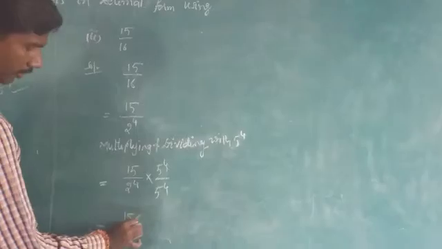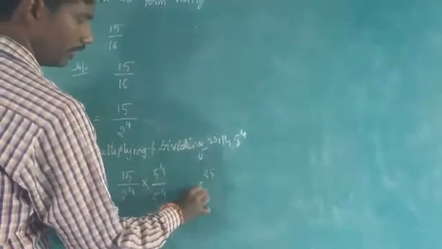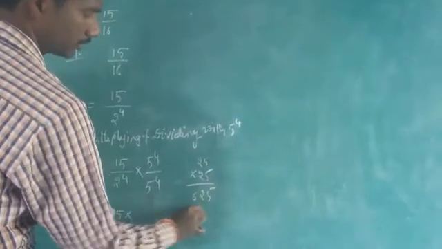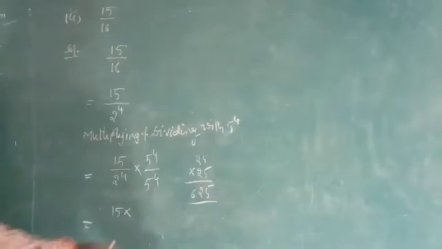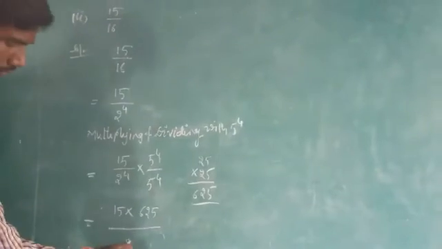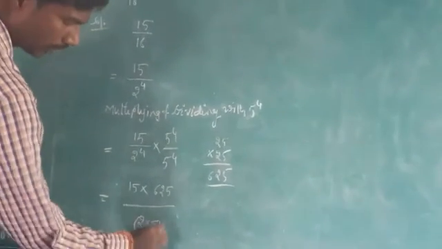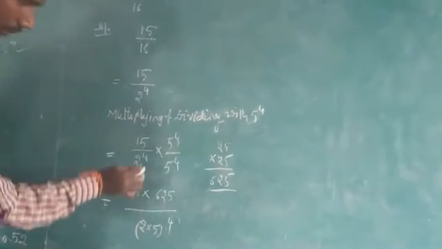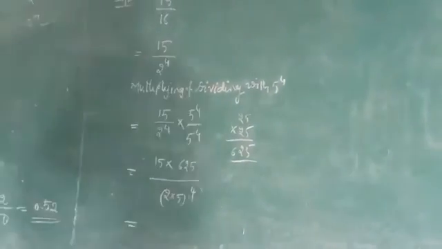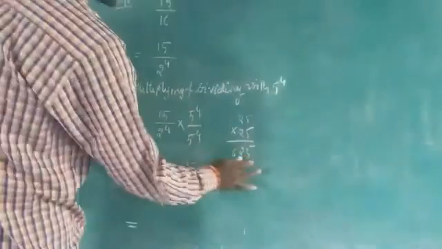So 15 into 5 to the power of 4: 25 into 25 is 625. So here is 625 by 2 into 5 to the power of 4. Because the powers are the same, I multiply the bases. So this is the multiplication you have to do.